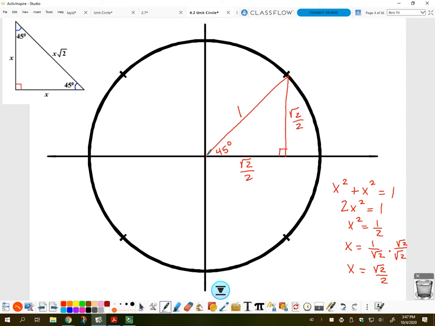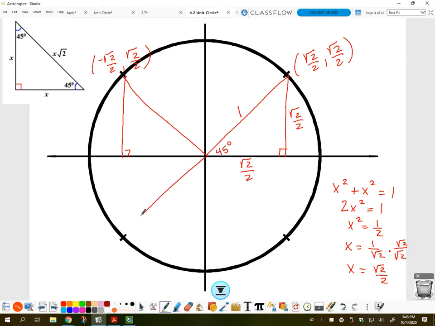So if I'm going from the origin to this point, remember that's an x value or y value. So there's an ordered pair of root 2 over 2, root 2 over 2. Alright, well if I think about what's happening over here, you're getting the exact same triangle. You're just going negative, positive. So this is negative root 2 over 2, positive root 2 over 2.